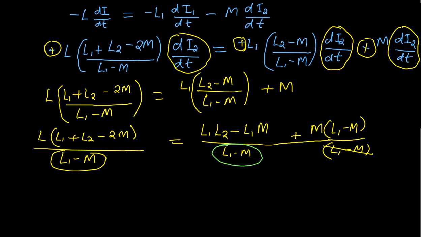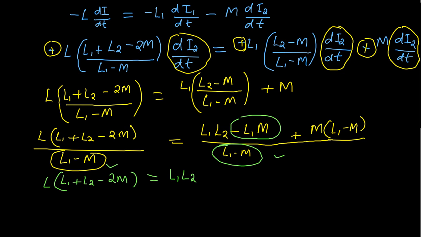So we can cancel these two L1 minus m on both sides, and multiplying and expanding the brackets: L into (L1 plus L2 minus 2m) equal to L1 L2, there is minus L1 m and plus L1 m on multiplying.